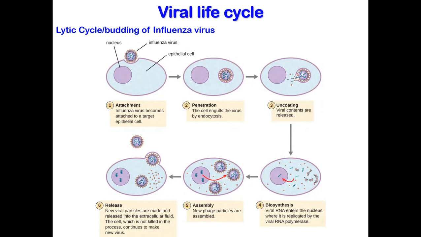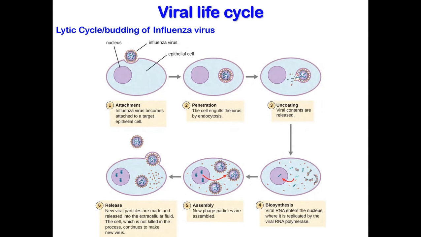Then in step 4, biosynthesis, the viral RNA enters the nucleus where it is replicated. And then new viral particles are assembled in step 5. The last step is the release of new viral particles, or virions, via budding. So budding results in the pinching off of the virion from the host membrane, thereby releasing the virion into the extracellular fluid.